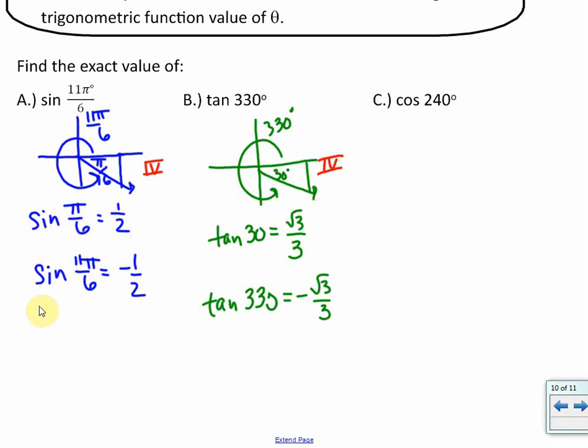And for my last example, cosine of 240, that's going to be in the third quadrant. Little more than 180, but less than 270. My reference angle here would be 60.